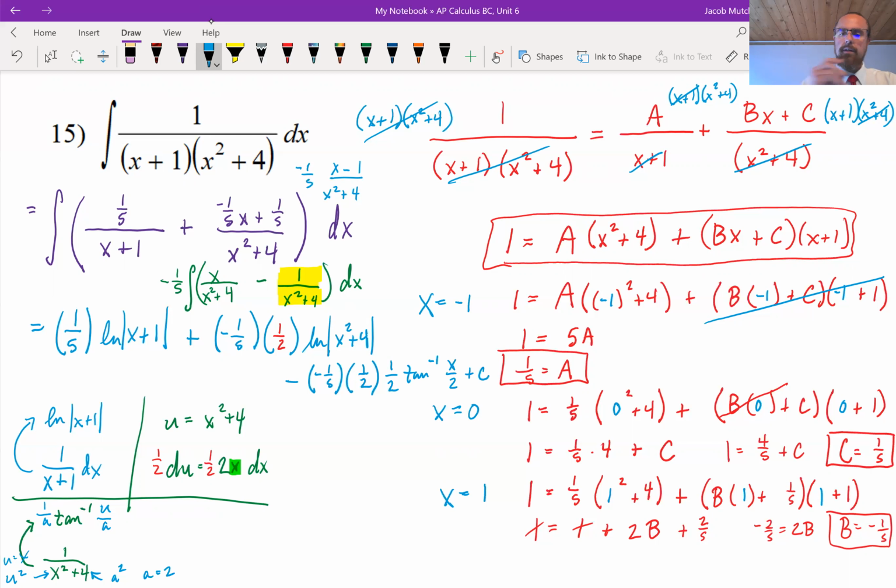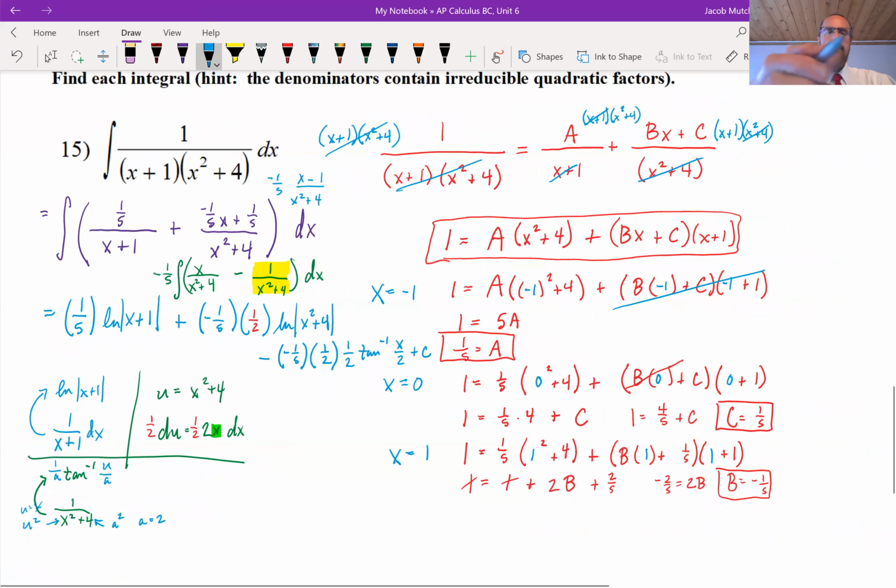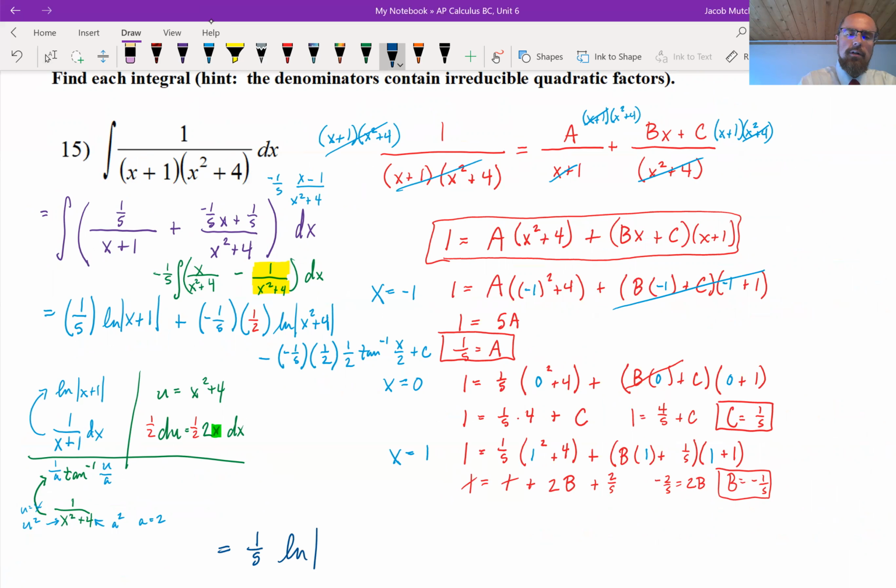plus c. So I probably need to rewrite that integration all in one row. So what we'll do is we'll pick it up. It's going to be equal to 1/5 times the natural log of absolute value x plus 1 minus 1/5. In fact, let's call that 1 over 10 times natural log of x squared plus 4.